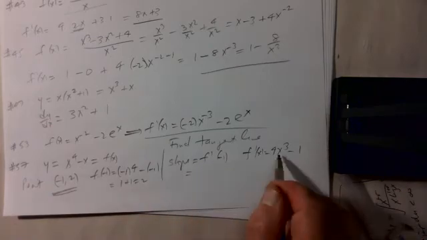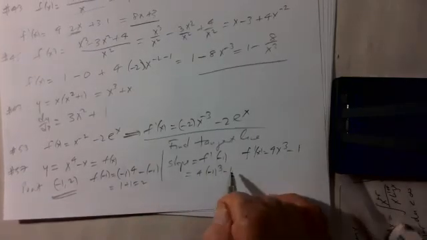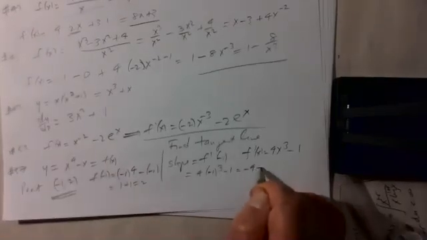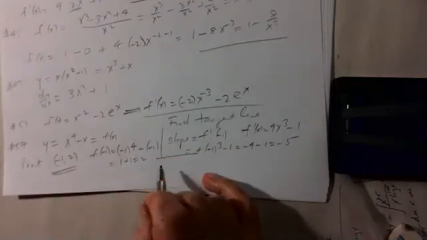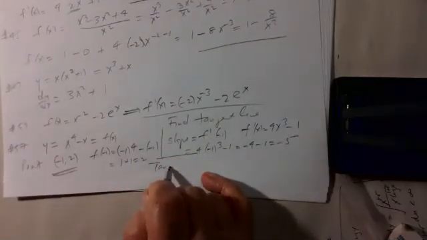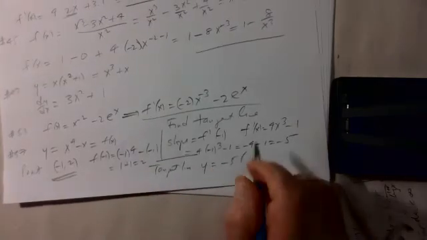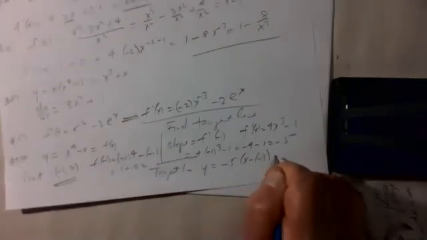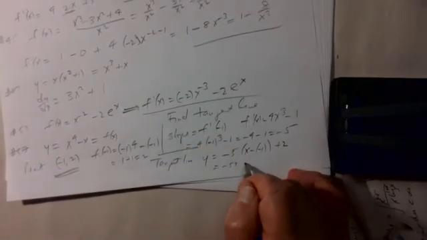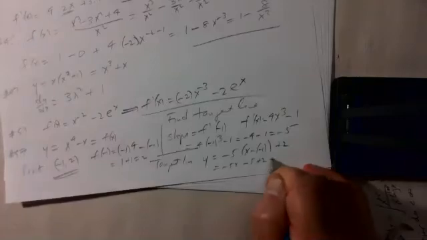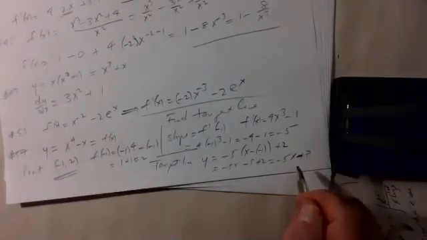So f prime at -1 is 4 times -1 cubed minus 1. That's -4 minus 1, or -5. So by the point slope formula, the tangent line is y equals -5 times x minus -1, plus 2. That's -5x minus 5 plus 2, which is -5x minus 3.